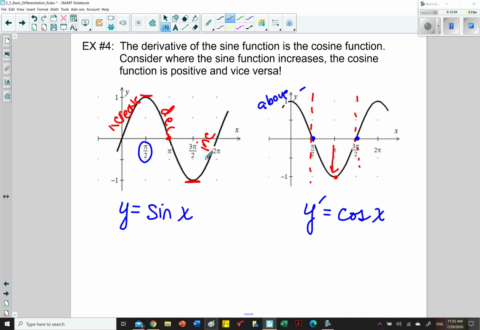And then again, where the function increases, starting at 3 pi over 2, I need to have my derivative graph above the x-axis. So this is just a graphic interpretation of how we know the derivative for sine of x is cosine of x.